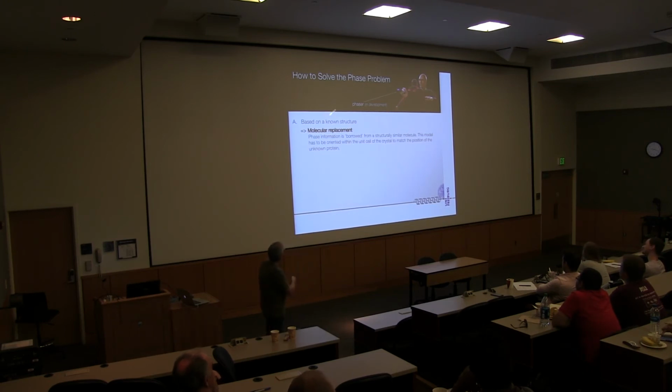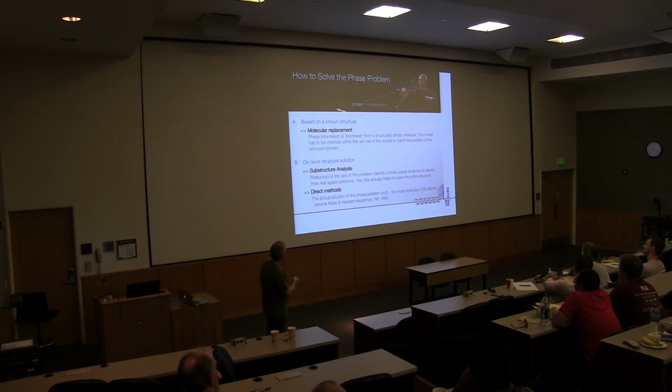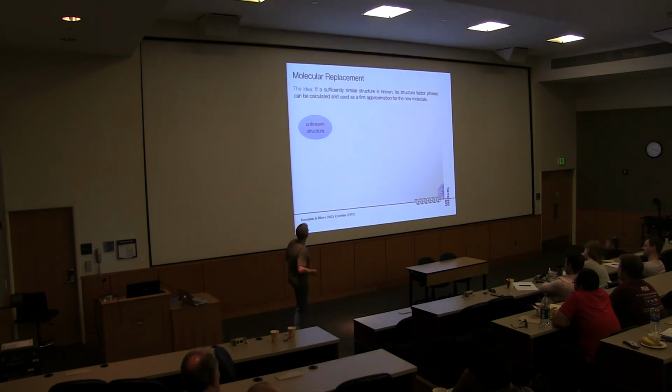There are several ways. One is to just steal the phase angles from somewhere else, and the other one, and that is what we want to do in the practicals, and that's why I still need to talk about this briefly, is to make a de novo structure solution. Stealing the phase angle is kind of easy. You have an unknown structure, and you only have the amplitudes measured, and you have a known model.